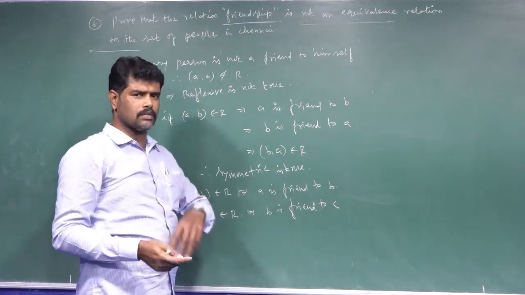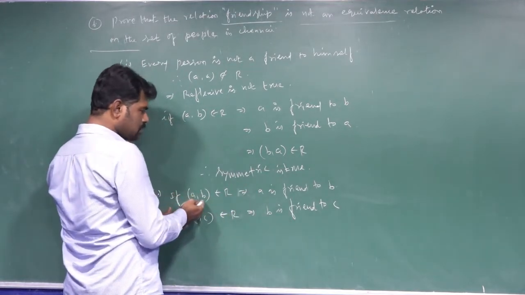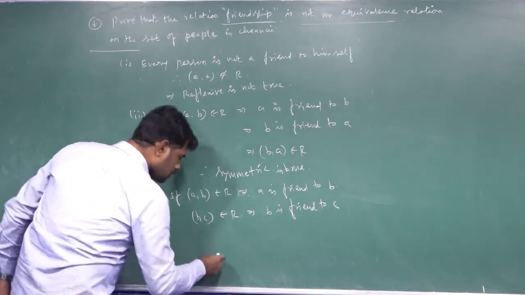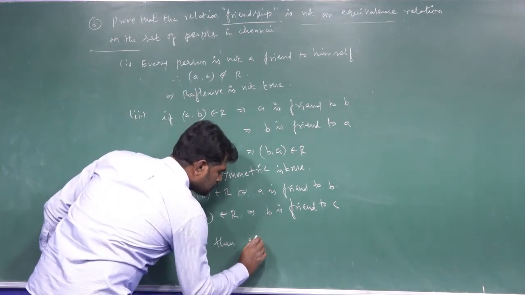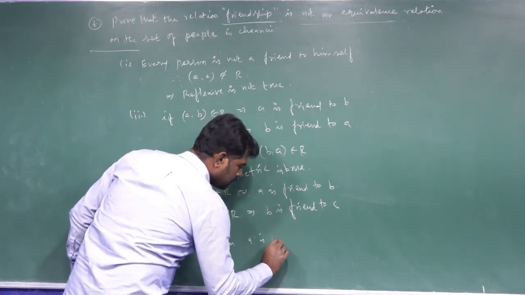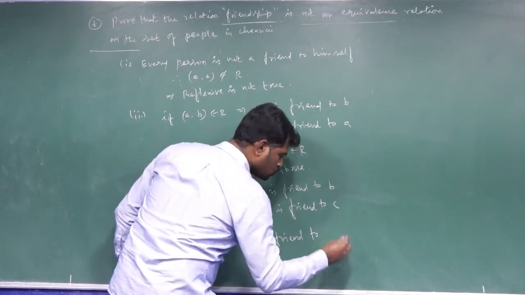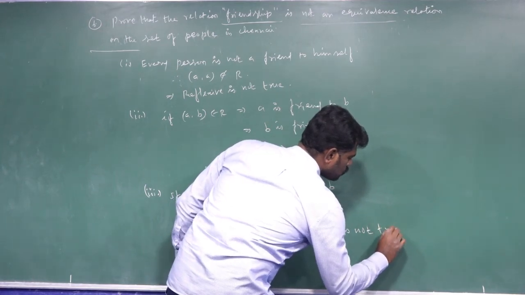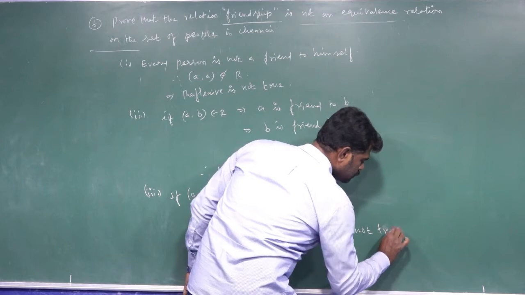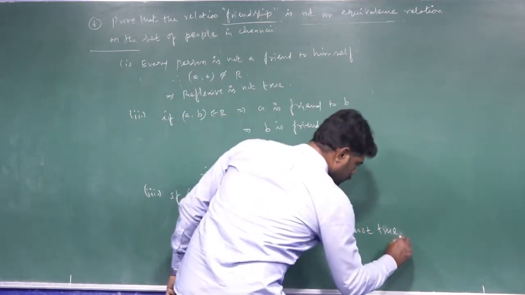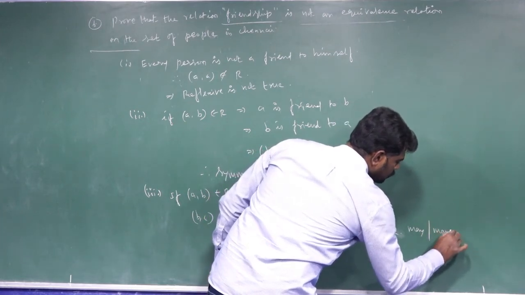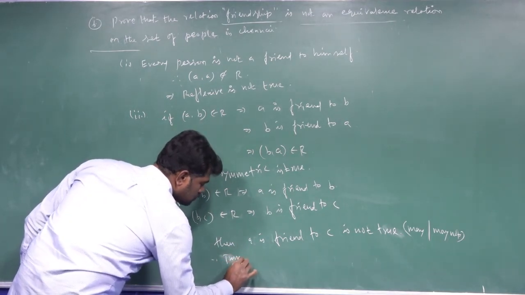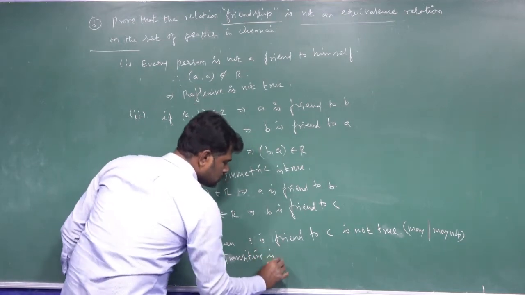They may be friends or they may not. So A is friend to C is not true. Therefore, transitive is not true.